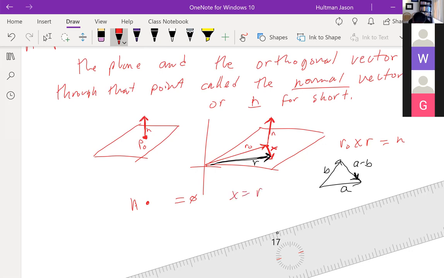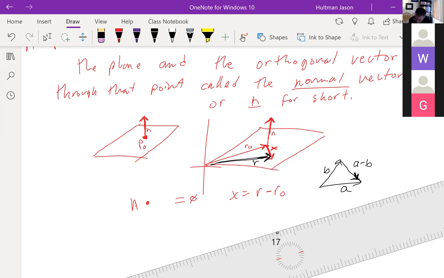Because R just represents any vector to the line, and X is that distance. So we've got a line on this plane. I just reversed it for whatever reason. Okay, that makes sense.